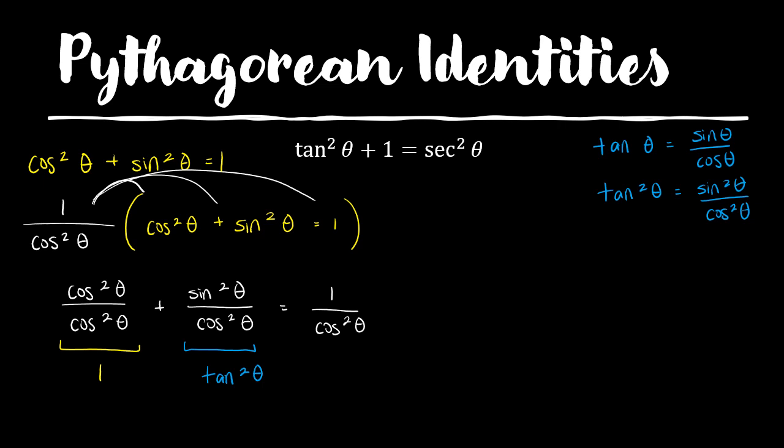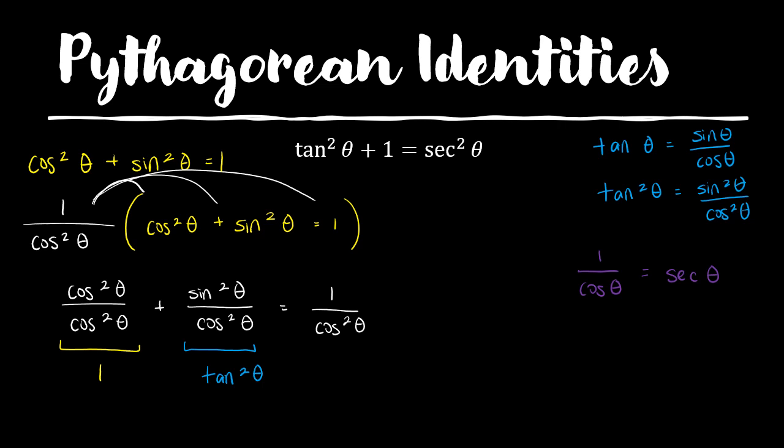Okay, what about this 1 over cosine squared? Well, I think we can use one of our reciprocal identities here. So in fact, let's write that out. We know that secant is equal to 1 over cosine.